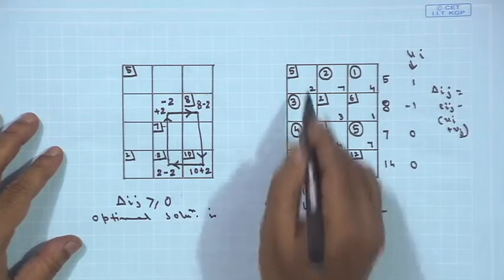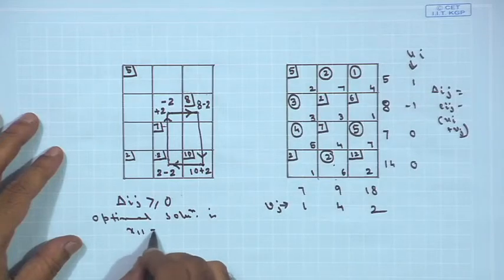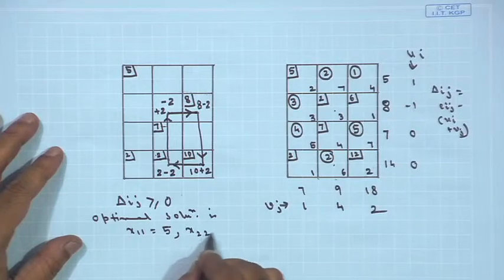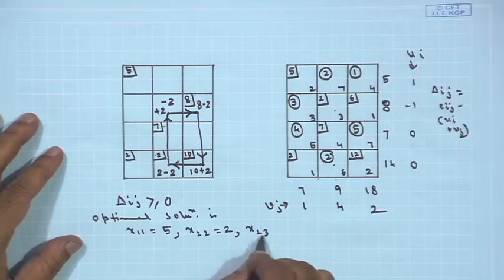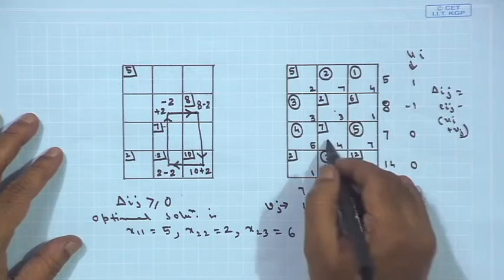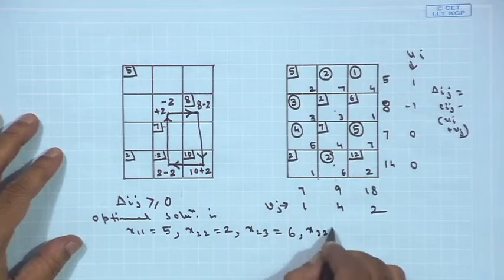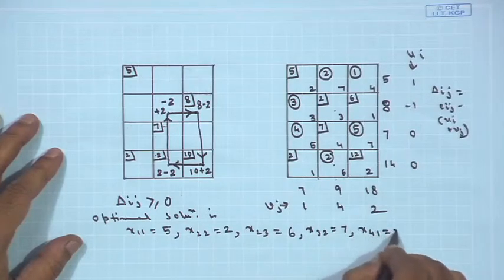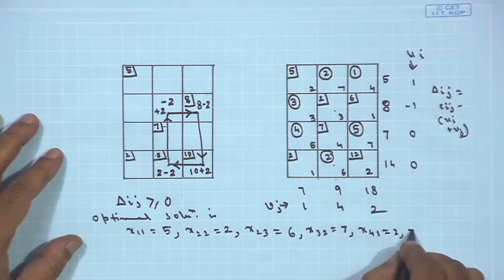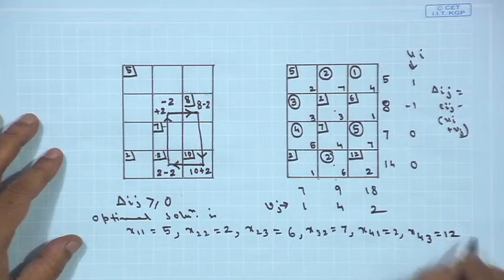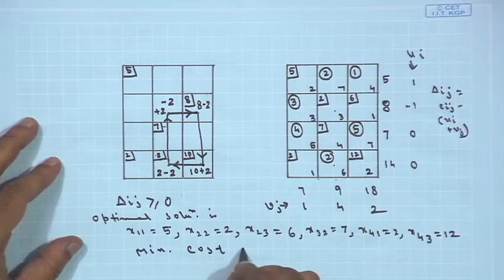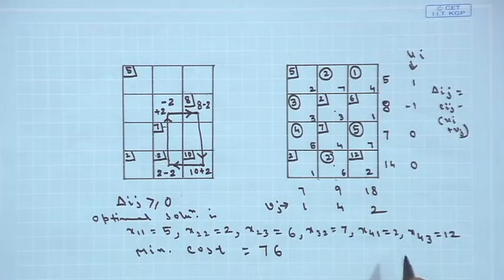Optimal solution is x11 equals 5, then x22 equals 2, x23 equals 6, x32 equals 7, x41 equals 2 and x43 equals 12. And the minimum cost, if you calculate, you will see minimum cost is becoming 76.